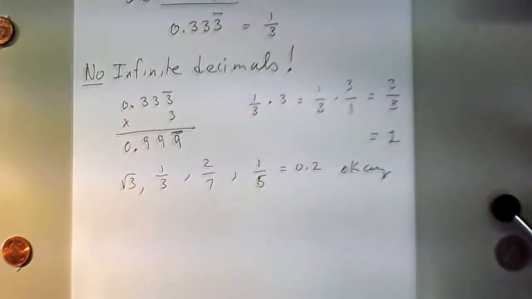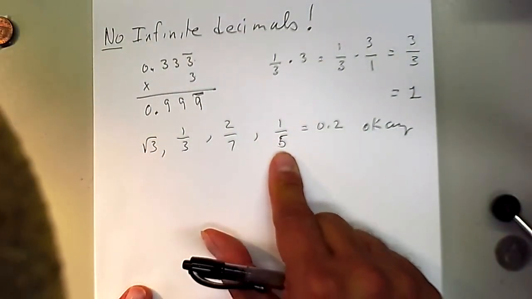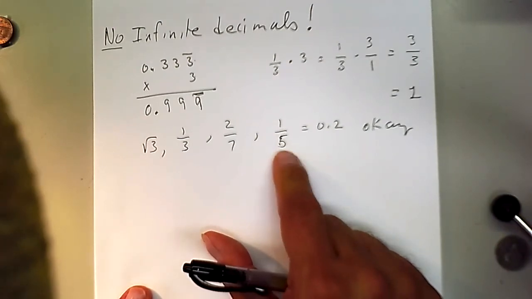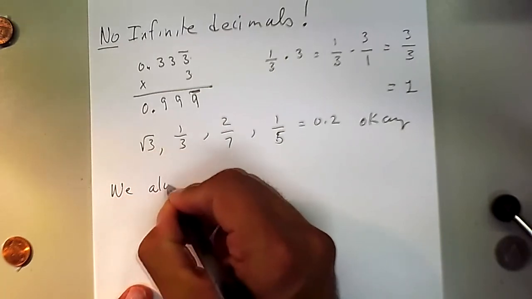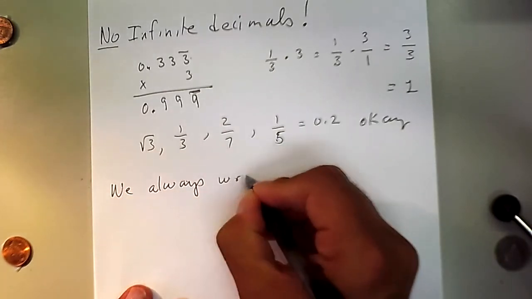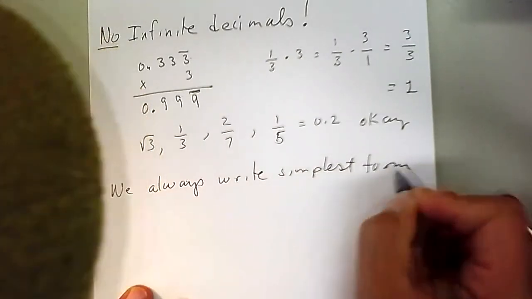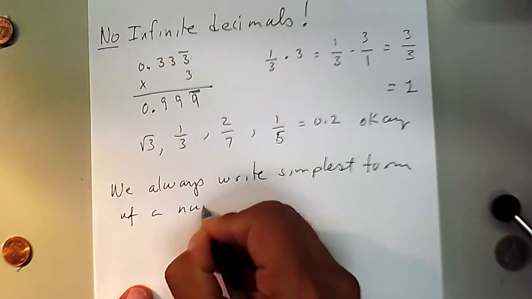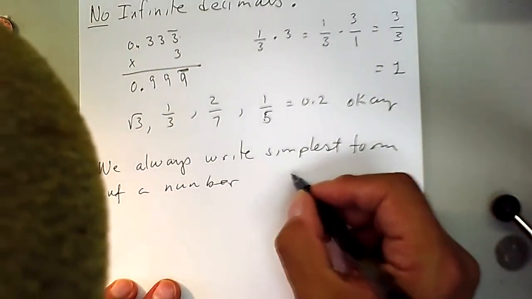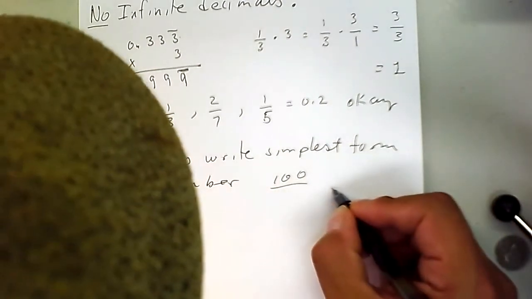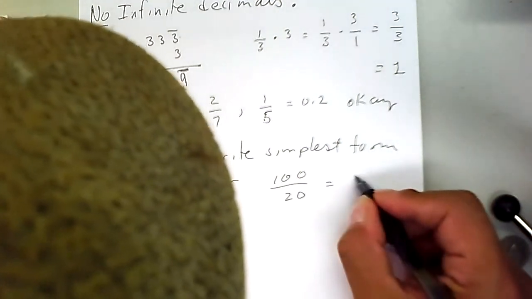Okay. The other thing I want to state is we always write the simplest form of a number. So for instance, if you have 100 over 20, well, the simplest form would be 5.